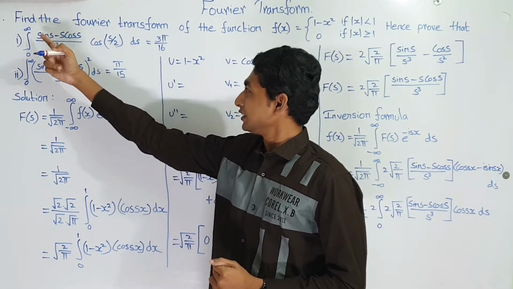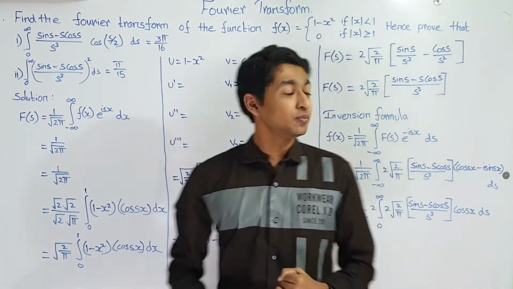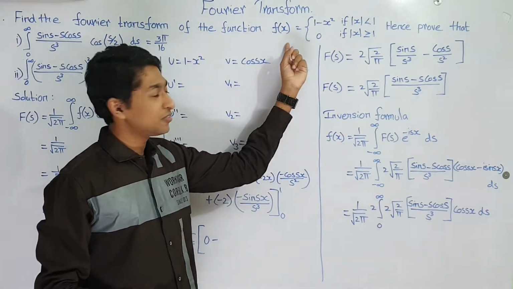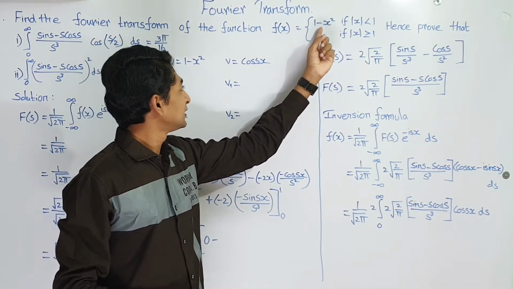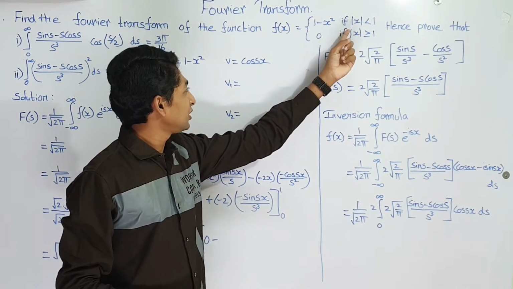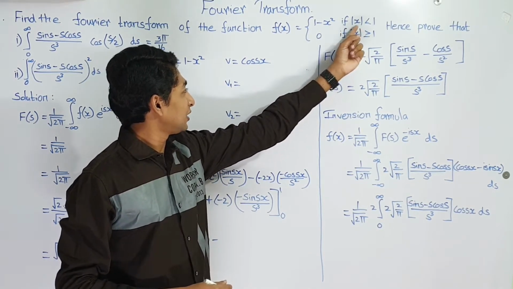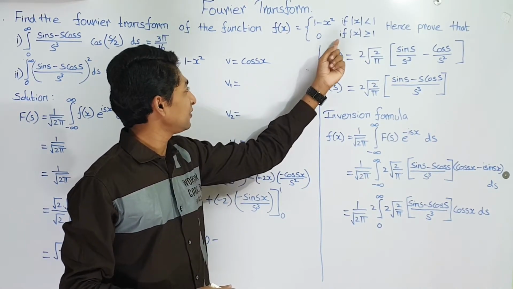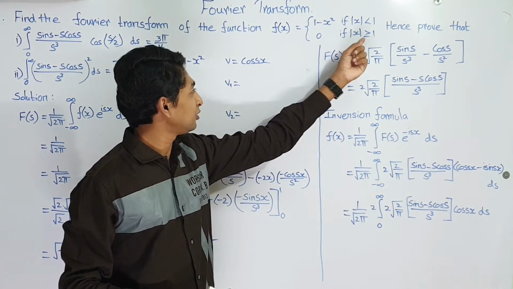So here they have given: find the Fourier transform of the function f of x equal to 1 minus x square if modulus of x is less than 1, and 0 if modulus of x is greater than or equal to 1.